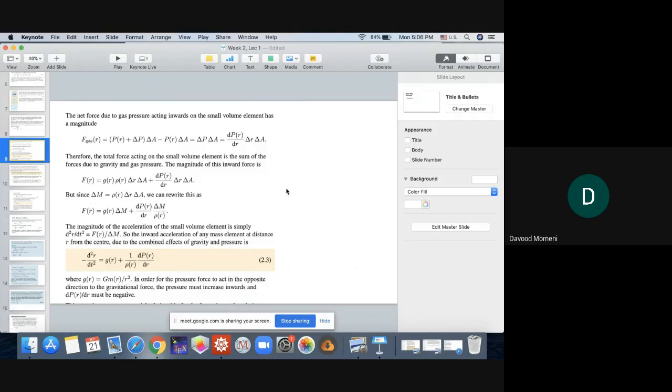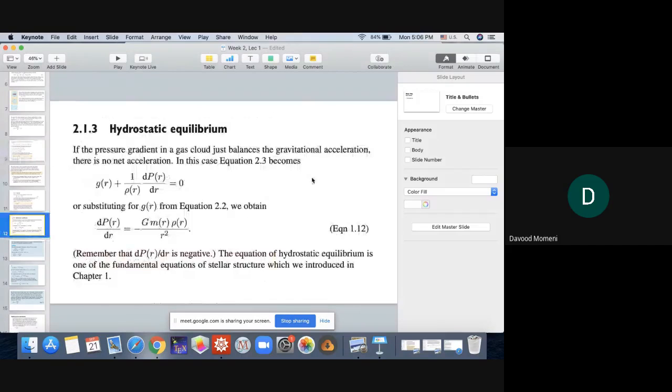The second situation is when you consider hydrostatic balance. Hydrostatic equilibrium or balance means that the two terms on the right hand side of the equation cancel each other. Then you will end up with the equation written here as a gradient of pressure.